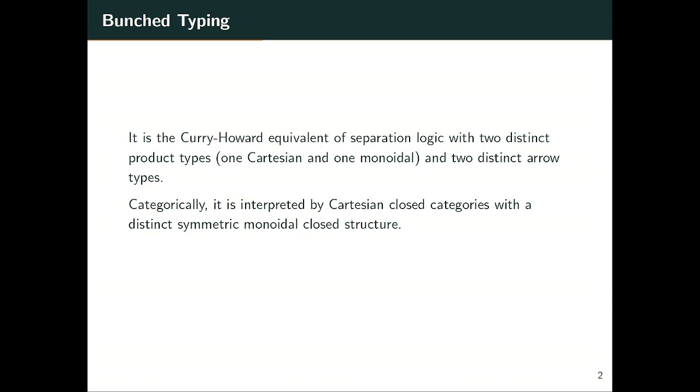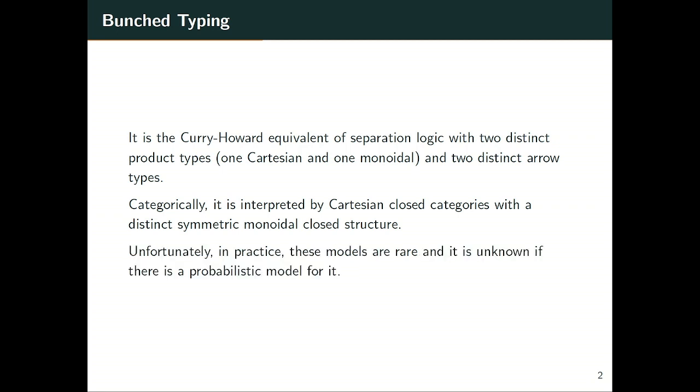And the way to give semantics to these things is fairly well understood. It's by using Cartesian closed categories with a separate symmetric monoidal closed structure over it. The problem with this approach is that these models are extremely rare in the real world, and there are no known models for it that can handle probability.